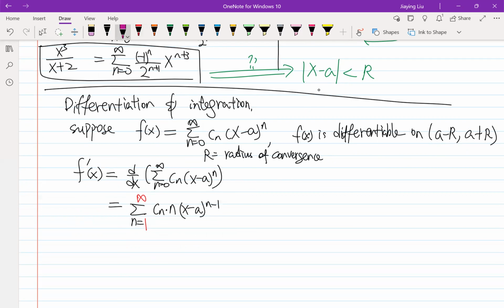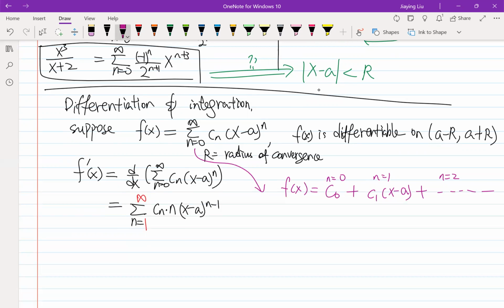Now the question is, why do we have n from 1, not from 0, like the given function? Well, if we take the given function and expand it, when n equals 0, we get C0. When n equals 1, we get C1 times (x minus a) to the first power, and then the n equals 2 term, n equals 3 term.